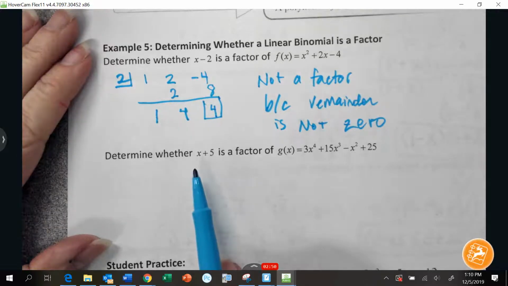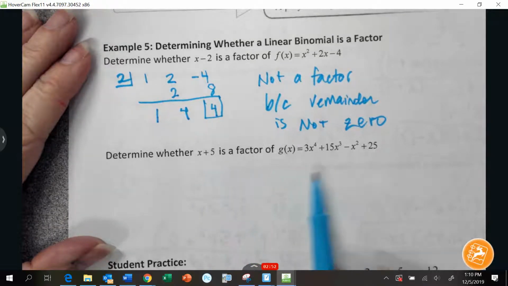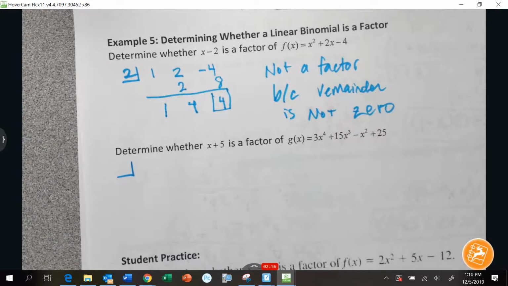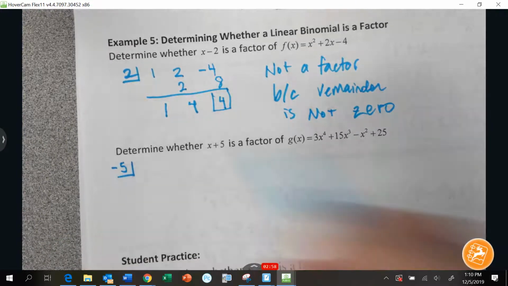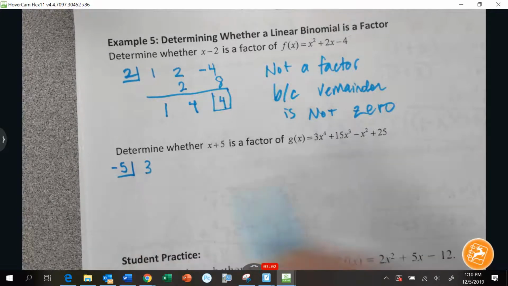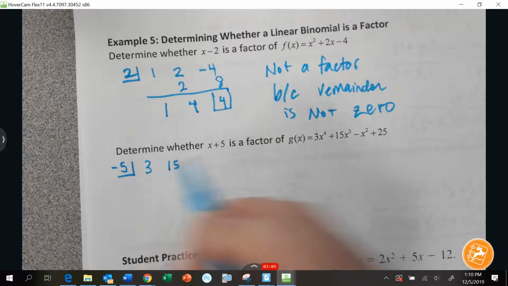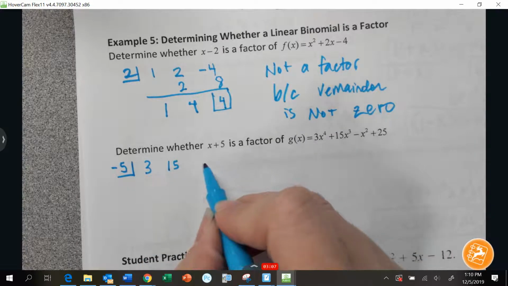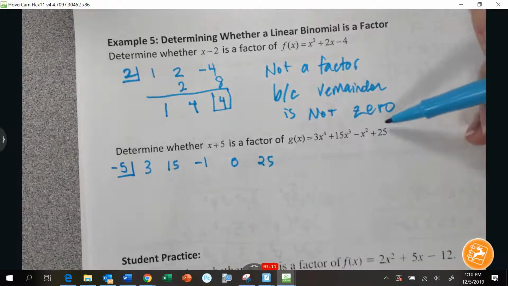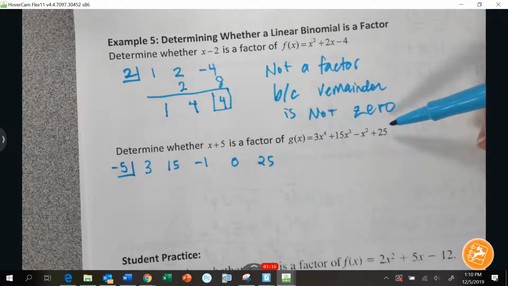Determine whether x plus 5 is a factor of g of x. So we're going to put what in the little box? Negative 5. Then we're going to write our coefficients, putting a 0 in for any placeholder that we need. And because there is not an x to the first power, I had to put a 0 in that spot.